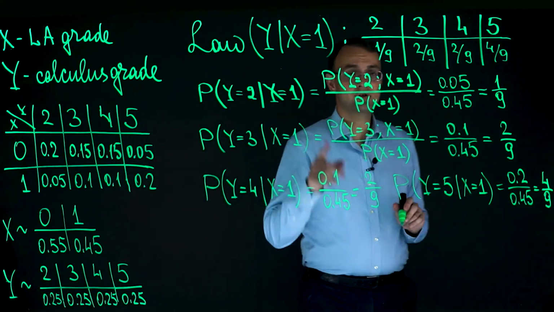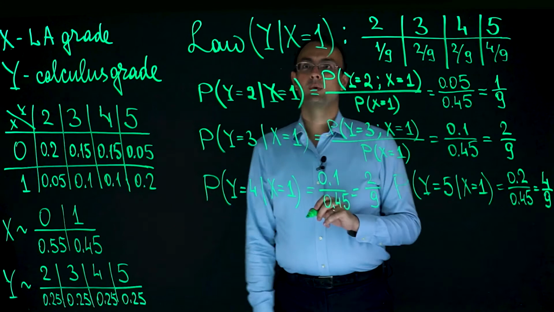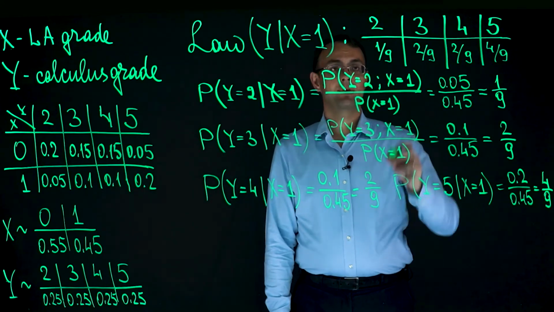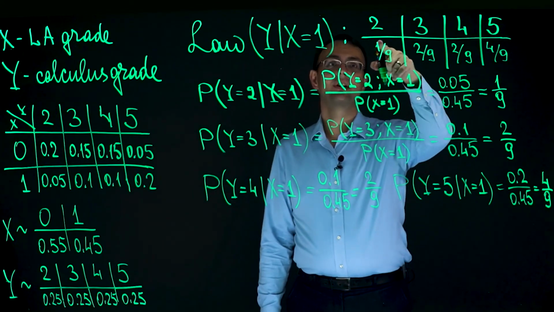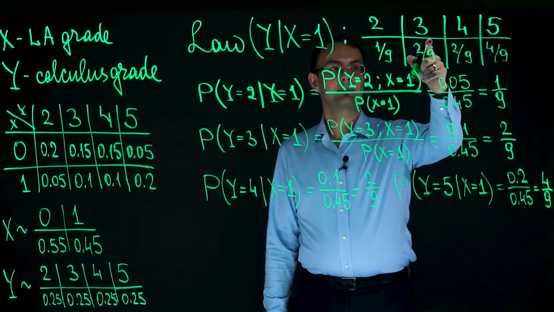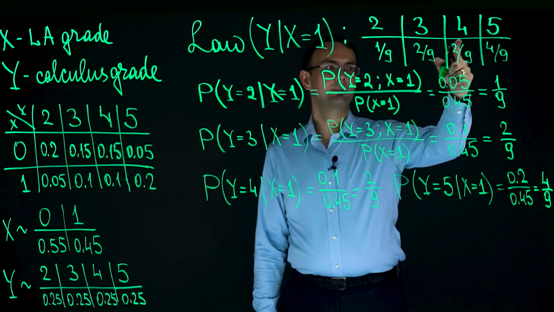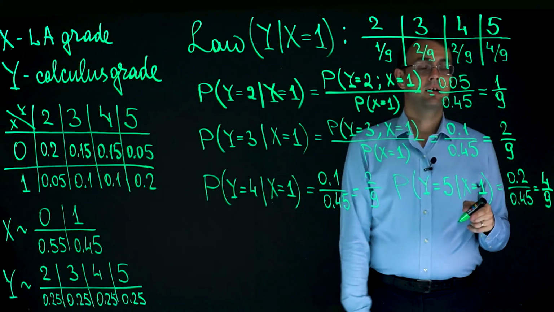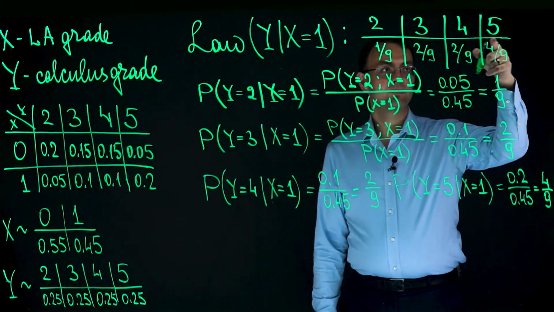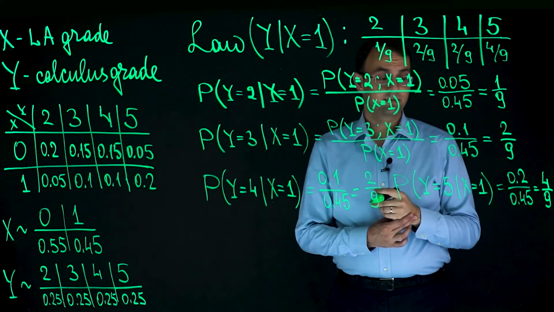And if we choose only out of those who passed the linear algebra test, the grade is 2 with probability 1/9, 3 with probability 2/9, 4 with probability 2/9, and with probability 4/9, it is 5.